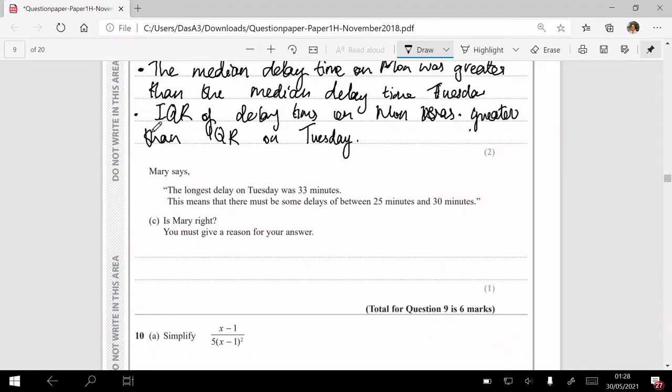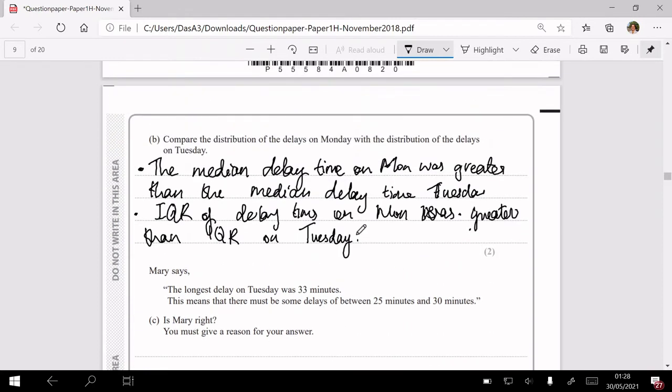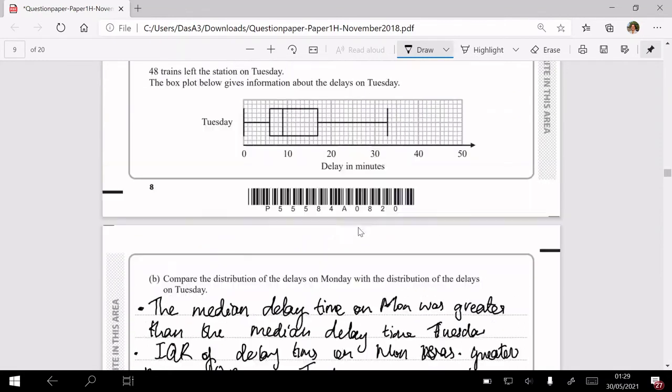Now for part C, Mary says the longest delay on Tuesday was 33 minutes. This means that there must be some delays of between 25 and 30. Is Mary right? You must give a reason for your answer. Sorry.